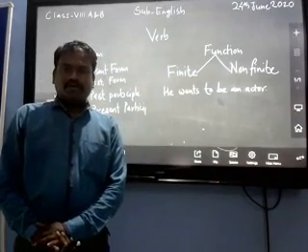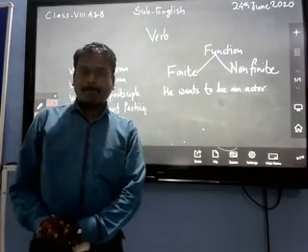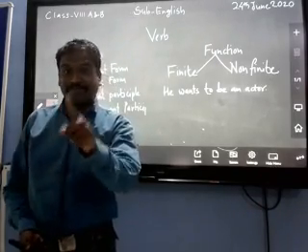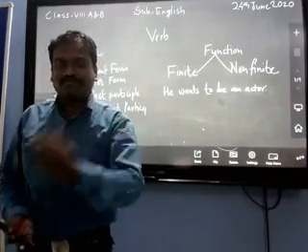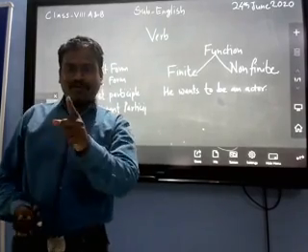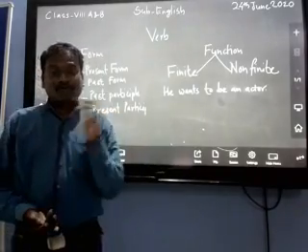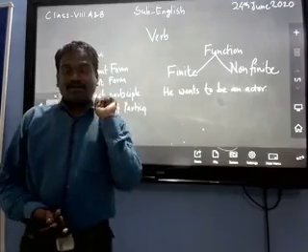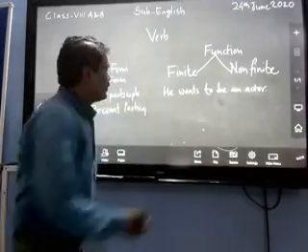Now, what is the verb here? You should ask, sir, form or function, whether you are talking about the form or the function. If you do not ask, you will be confused. If you are showing the forms of the verbs, which two verbs are there?